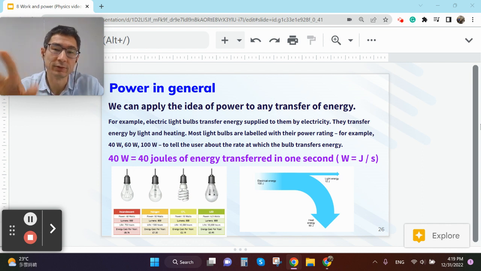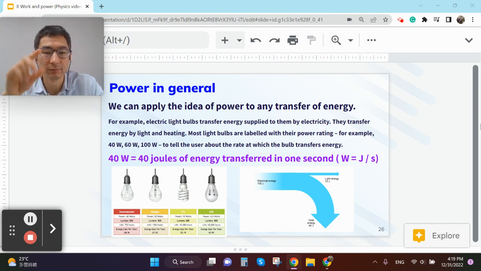Now in terms of transfer of energy, a 40-watt lamp transfers 40 joules of energy in 1 second. It transfers electrical energy to light energy, radiation and thermal energy.